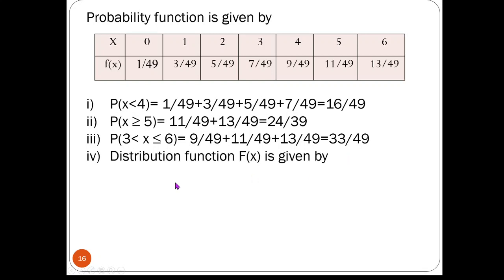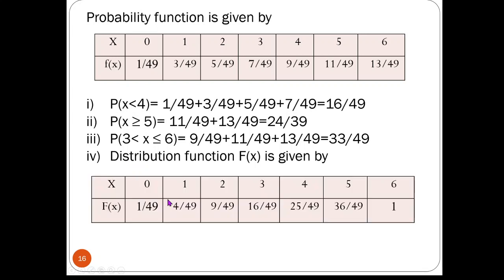And finally, the distribution function capital F of x is given by, for random variable x equal to 0, 1, 2, 3, 4, 5, 6: capital F of x for x equal to 0 is 1 by 49. For 1, it is 3 by 49 plus 1 by 49, that is 4 by 49.